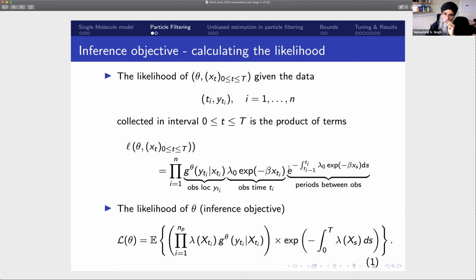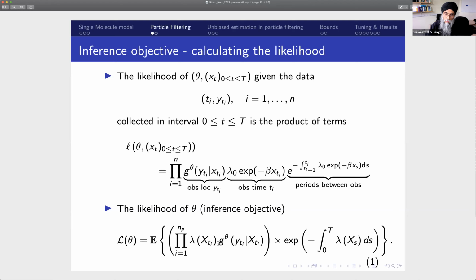And it is this integral that makes the evaluation not possible. And obviously we don't observe X, we don't know what X is. So we need to integrate over X according to the diffusion SDE model that describes the motion of the molecule. So the marginal density of the data as a function of theta is given by this expected value. I've capitalized X to indicate they are random variables now.